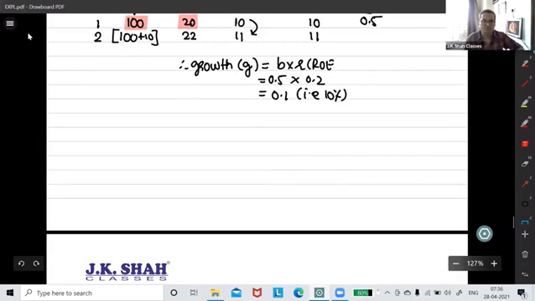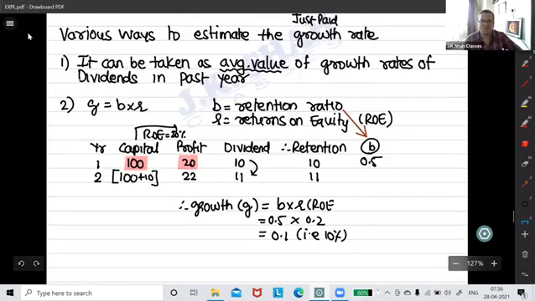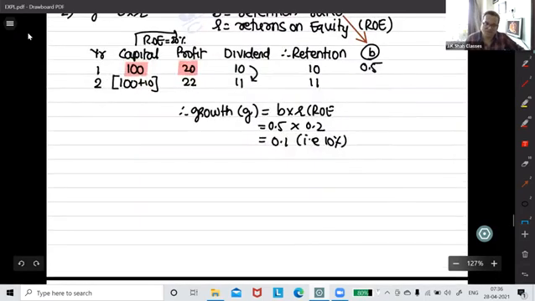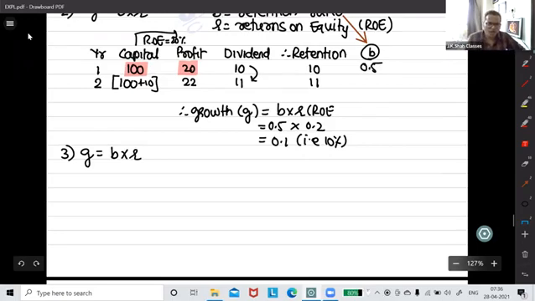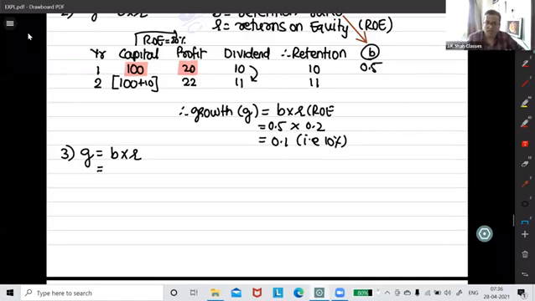So we're talking about various ways to estimate growth. Okay, this is the first thing, this is the second thing. Now the third thing is the derivation of this one. The third thing, G is equal to what? B into R. This is a derivation of this thing. I repeat it. What is B?